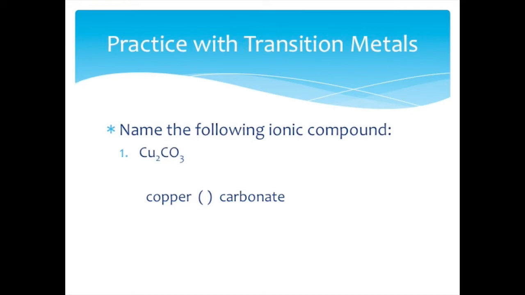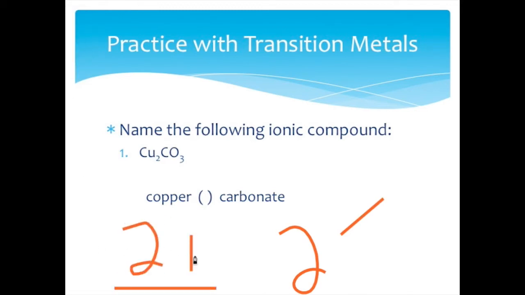Now, the question is, well, what charge does the copper atom have in this case? Well, carbonate, CO3, has a 2- charge. If something were to add to 2 negative to equal 0, we know that that something would have to be 2 positive. Well, there's 2 copper atoms this time, though.